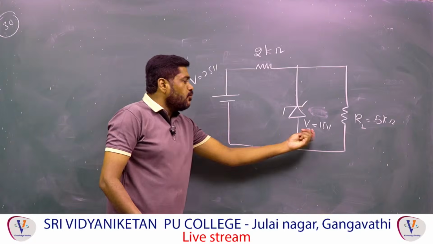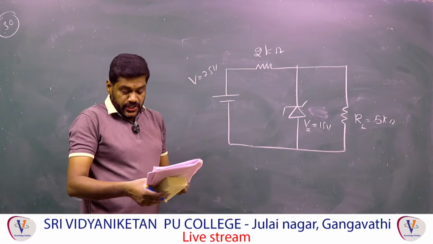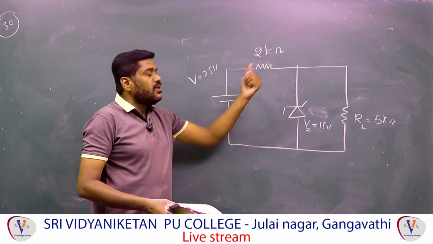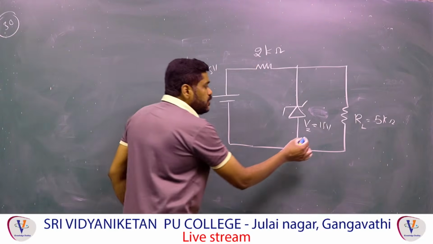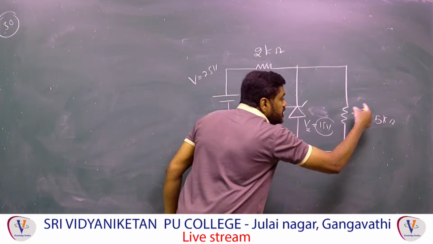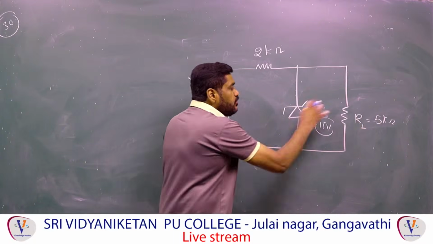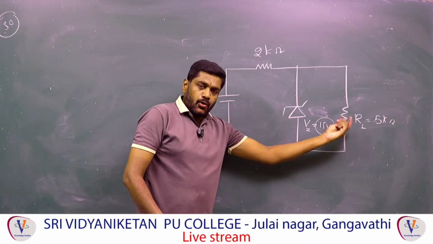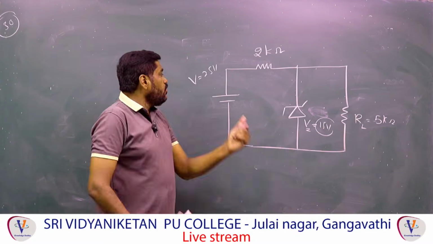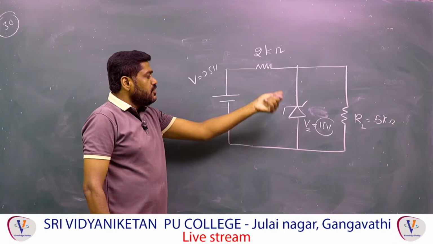The question is what is the current through this external resistance of 2 kilo ohm. The xenon diode and the load resistance both use 15 volts, because both are in parallel. So the remaining is 25 minus 15.